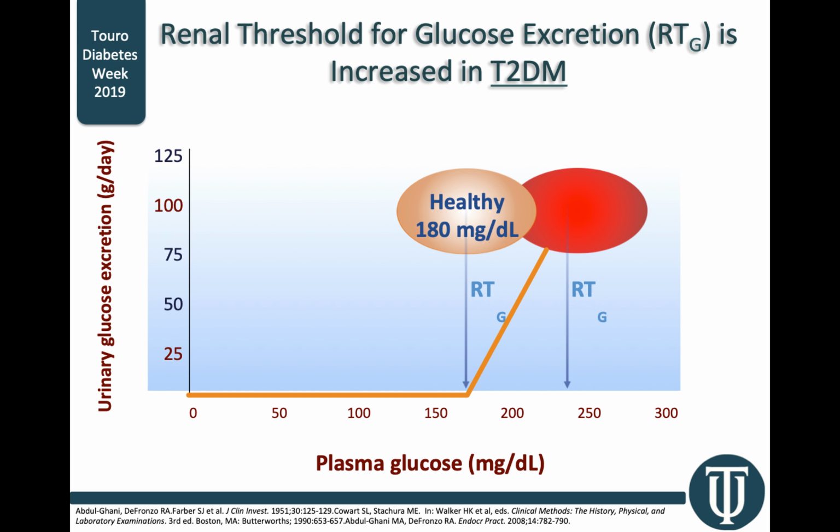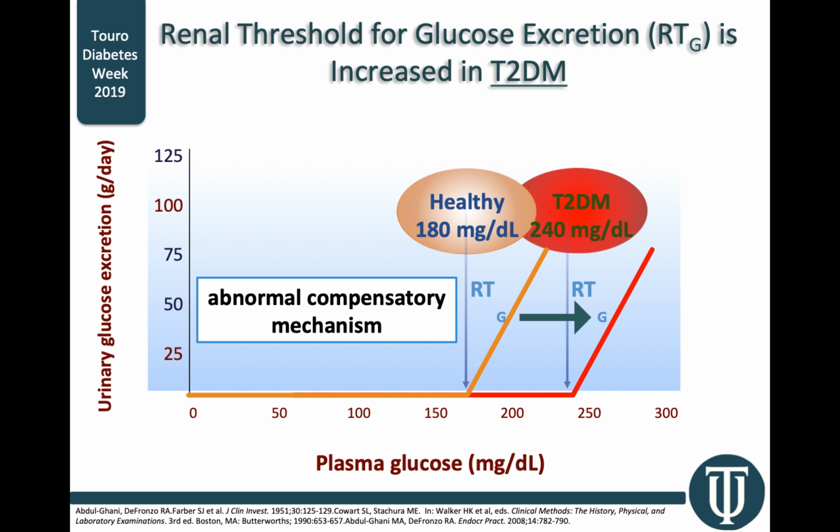So in normal, for those who don't have diabetes, the threshold for glucose being excreted in the urine would be about 180 milligrams per deciliter. For those who have diabetes, this threshold is pushed higher to 240.